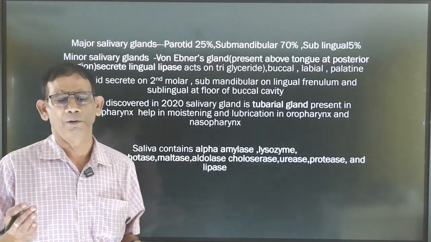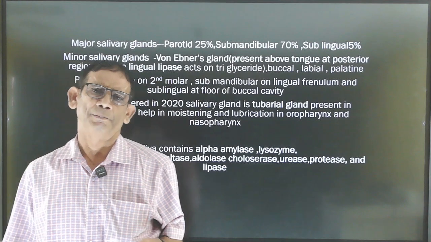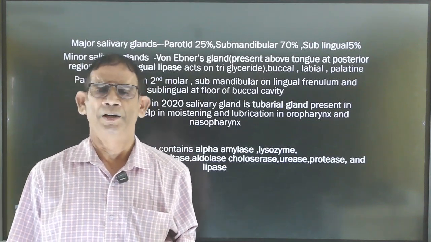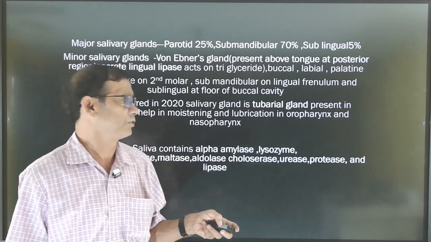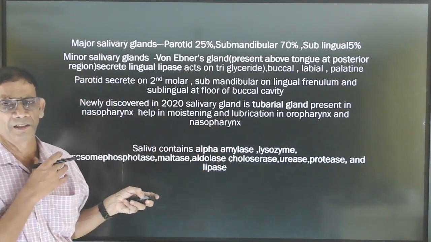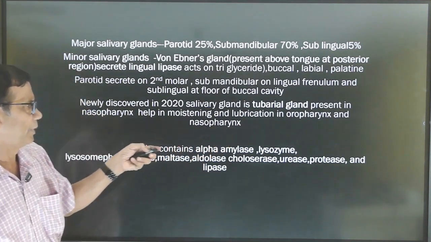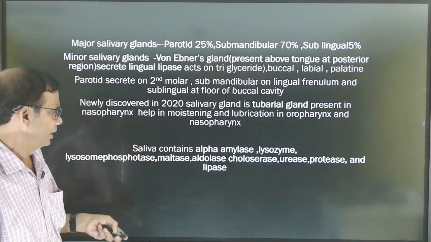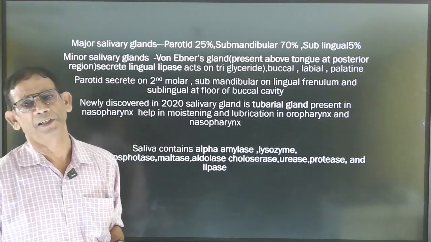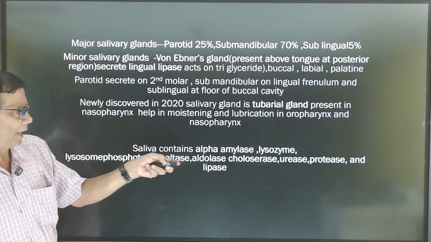Near about 2020, a special type of salivary gland was discovered in our pharyngeal region, called the tubarial gland, which is present in the nasopharyngeal region and helps in the lubrication of food.